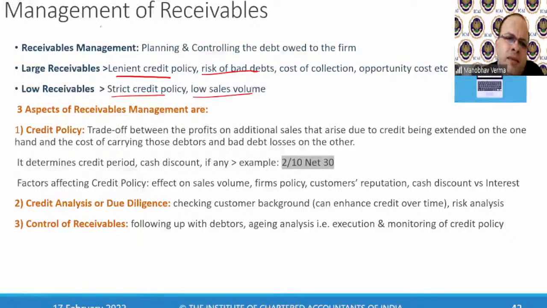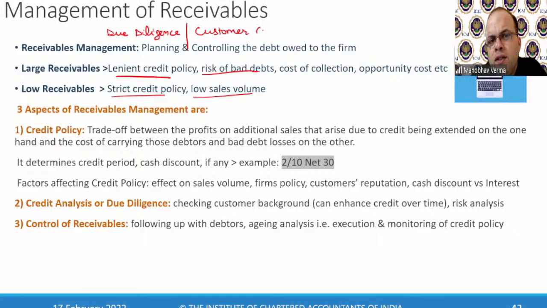Due diligence, or customer credit limit adjustments, could be useful here, right? Let's say they have been an older customer. If you can manage this, it could be good.